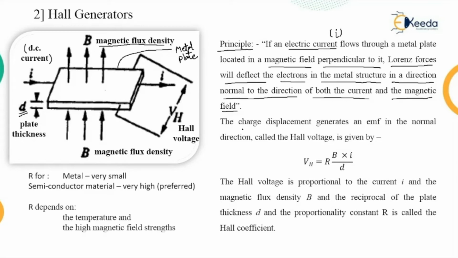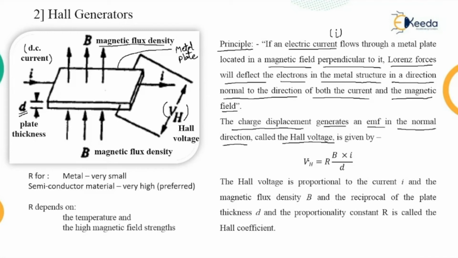As the electrons get deflected, the charge displacement generates a voltage or EMF in the normal direction, and that voltage is called the Hall voltage, represented as VH.